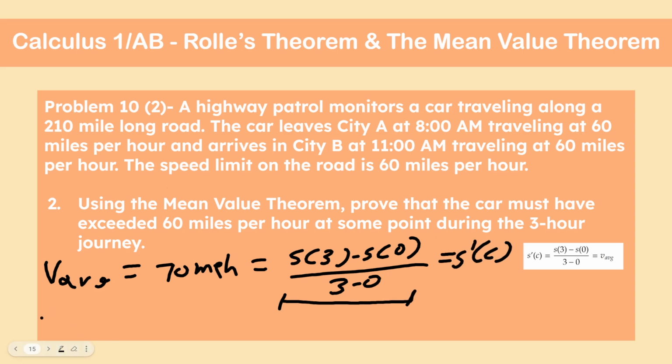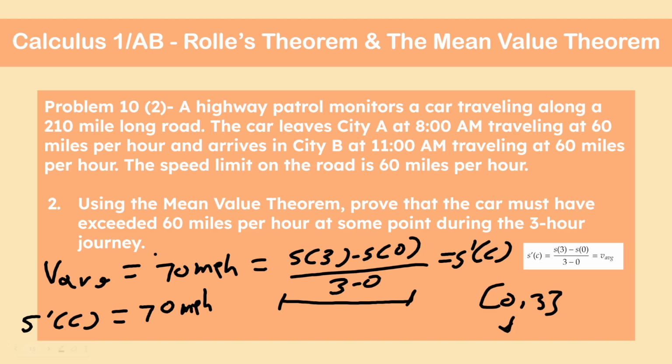So at some point in the interval 0 to 3, there's a c such that it's equal to 70 miles per hour. So because of that, there's some point that the velocity of the car is higher than 60 miles per hour because it has to be 70 miles per hour at some point.